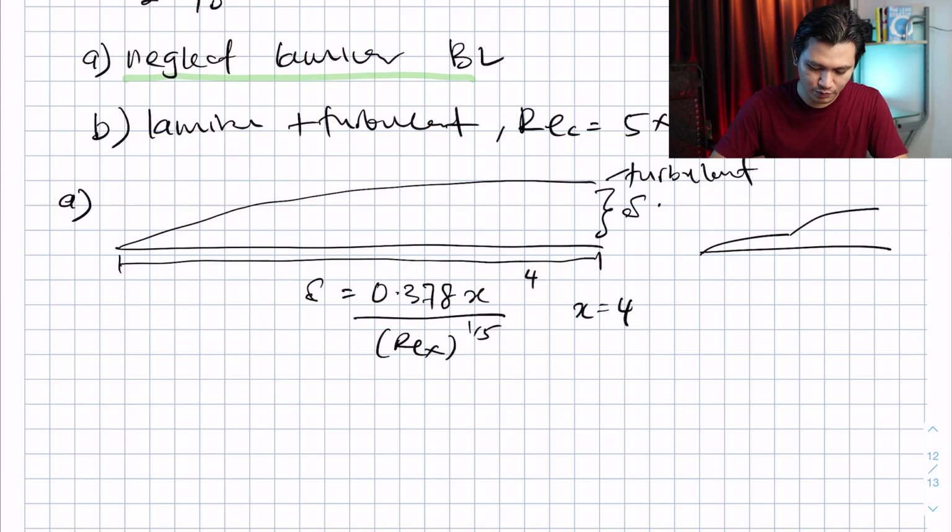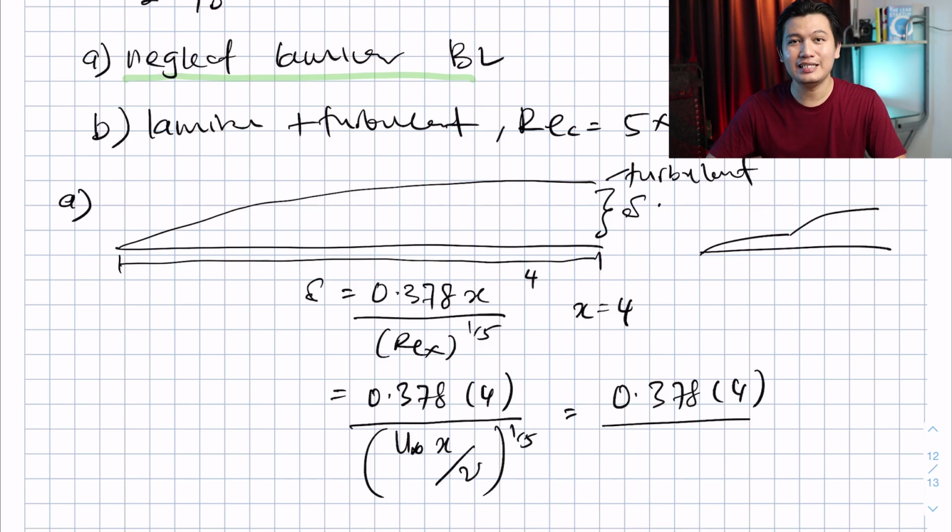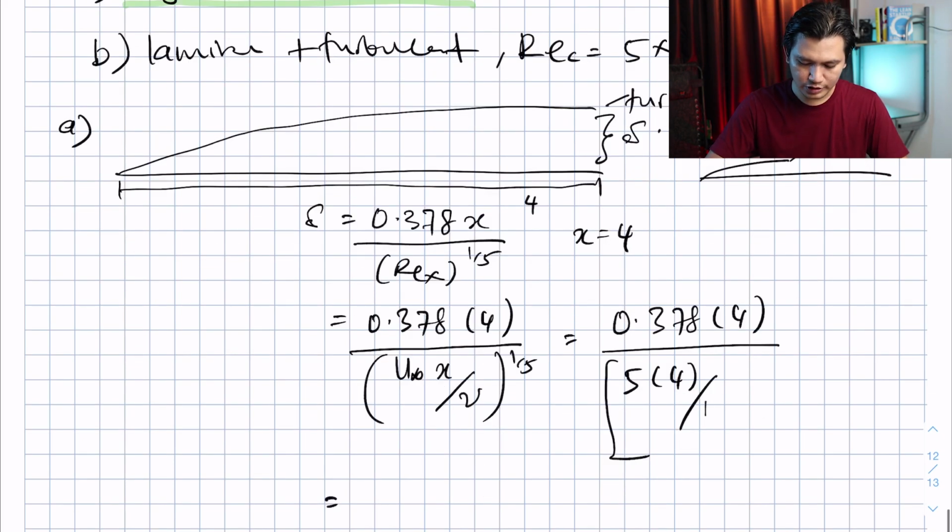So del is 0.378 times 4 divided by Rex to the power of 1 over 5, and Rex is u infinity times x divided by nu. If I replace everything, this is 0.378 times 4 divided by, u infinity is 5 meters per second, x is again 4, divided by nu, and nu is 1.6 times 10 to the power of minus 5, all to the power of 1 over 5.